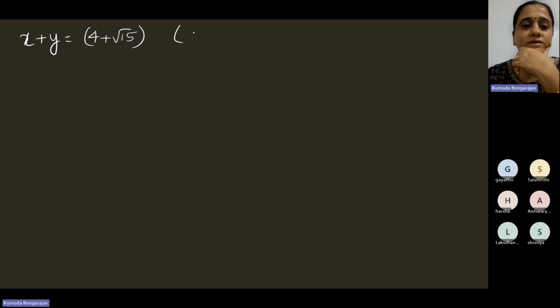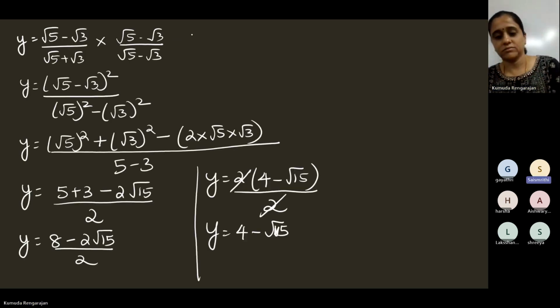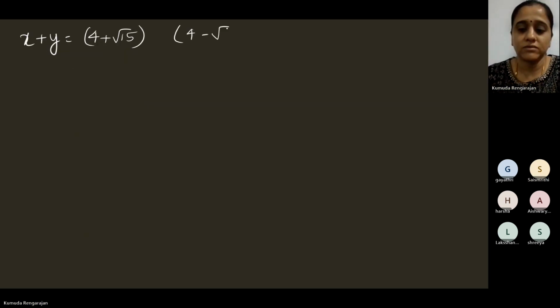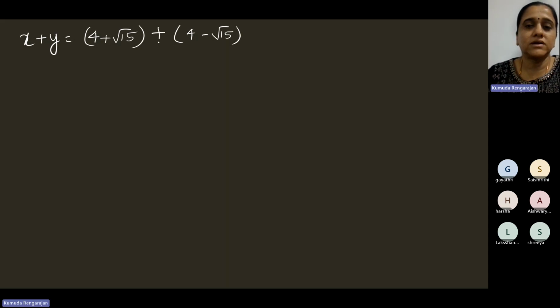And what's the value of y? 4 minus root 15. Correct. The connecting sign is plus because x plus y. Open the bracket. What's the value? 8. Next, find x minus y.